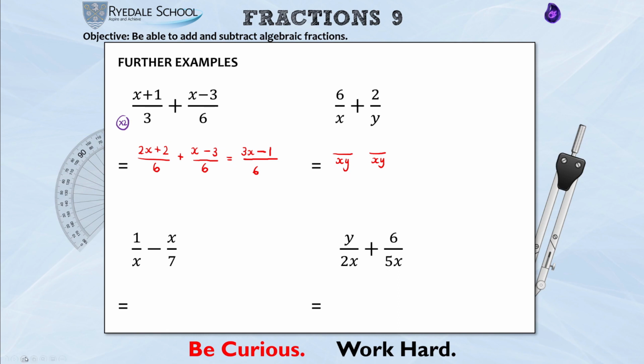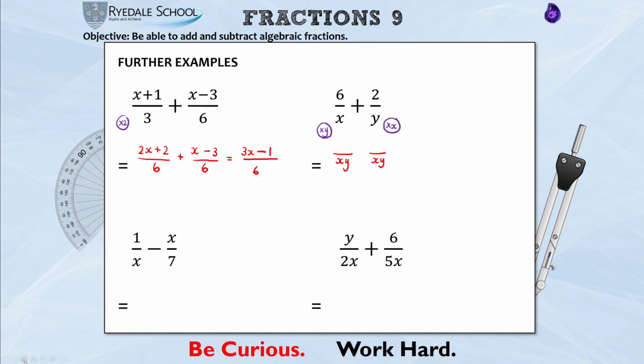So what you need to think about now is, if I'm doing that, what have I multiplied this first fraction by to make the denominator xy? Well, I've already got the x, so I must have times that first fraction by y. Similarly, in the second fraction, I've already got the denominator of y, so I must have multiplied by x.